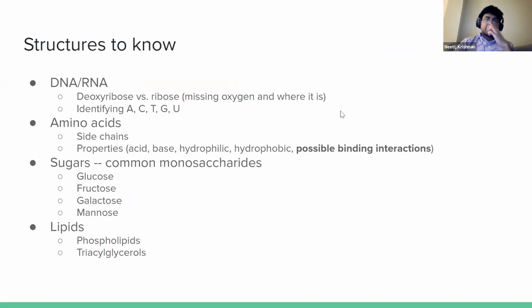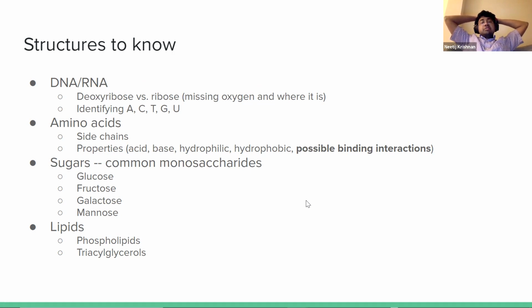Okay, let's talk about structures you should know. This is by no means an exhaustive list, but it's the ones that I thought of after thinking for a while. So DNA versus RNA. You should know how to identify deoxyribose versus ribose. You should be able to tell whether a given nucleotide is DNA or RNA based on whether it has that missing oxygen or not.